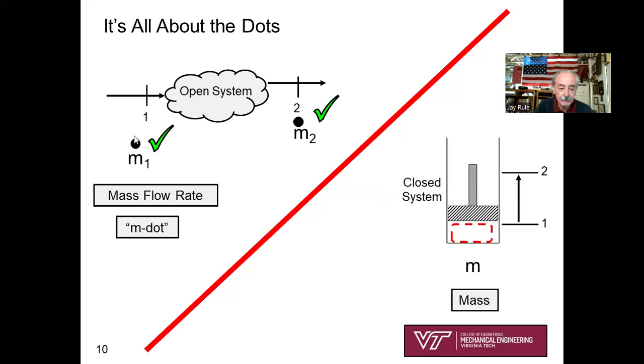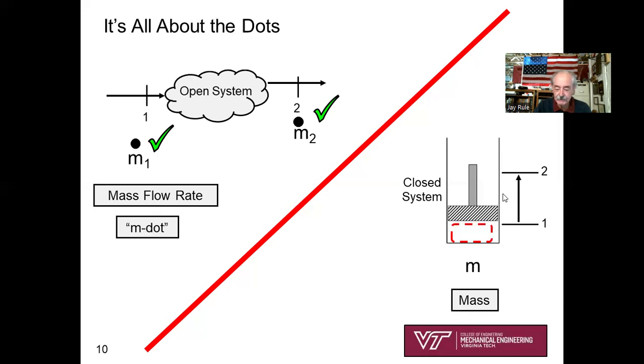For an open system, you've got to put a dot over the m, and that communicates to everybody looking at your work, and reminds you, that you've got an open, flowing system. So you pronounce this variable m dot, mass flow rate.